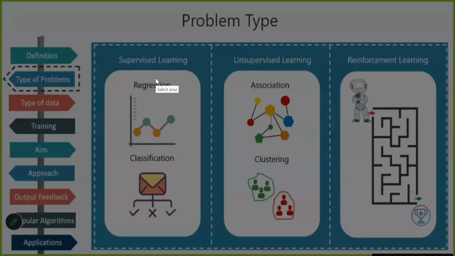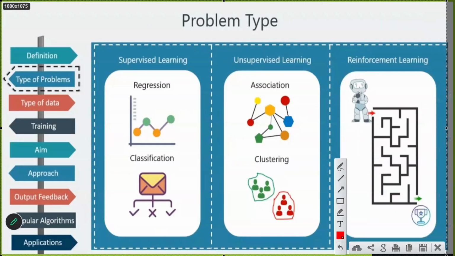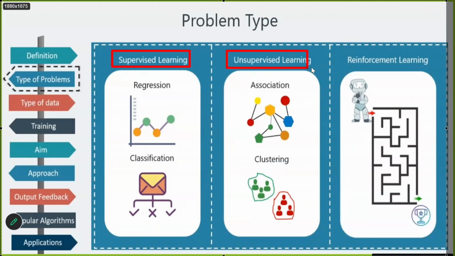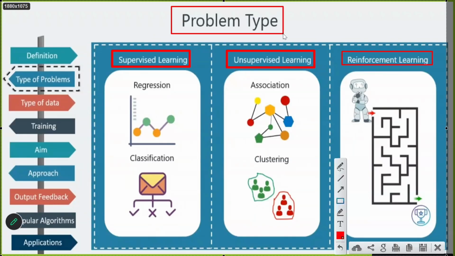So now, guys, till now we had seen the definition of machine learning, the definition of supervised learning, the definition of unsupervised learning, and then the definition of reinforcement learning. So now, let us see what type of problems we can deal with using supervised learning.